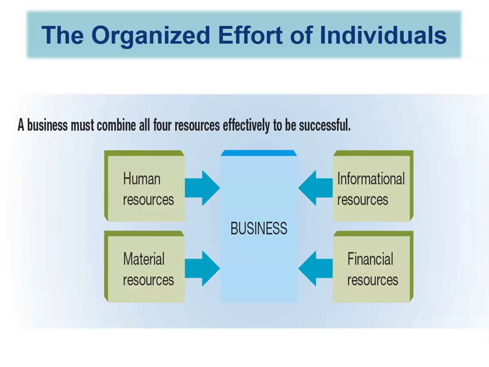Financial resources are the money that's required to pay employees, purchase materials, and generally keep your business operating and in existence. Now, informational resources are information that tells us as managers of the business how effectively the other three resources are being combined and used, and therefore we can measure our success.